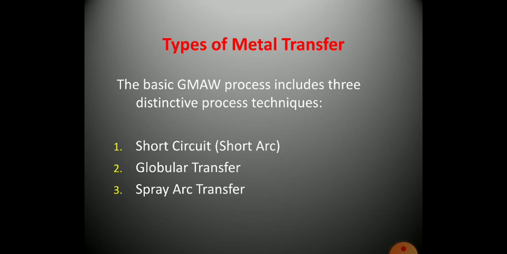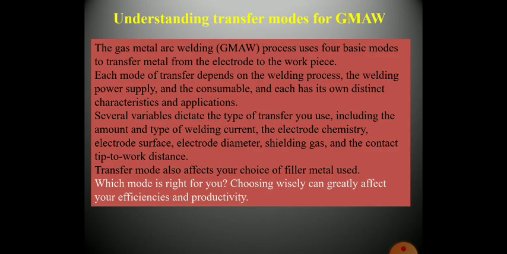These are the three basic common techniques utilized in the GMAW process. So, understanding the modes of this particular GMAW, the gas metal arc welding process uses four basic modes of metal transfer from the electrode to the work piece.